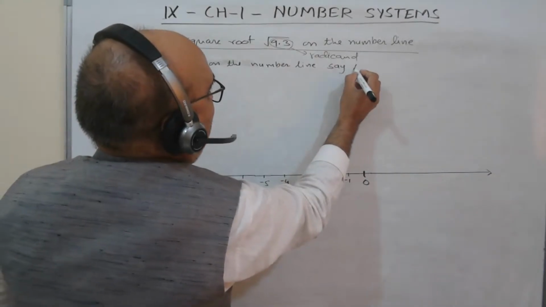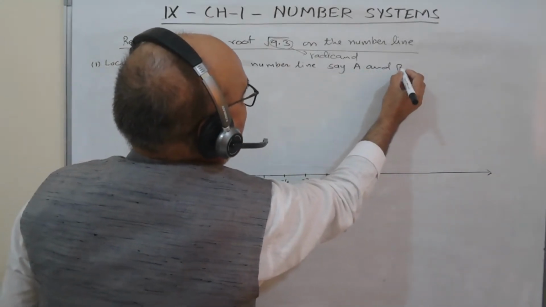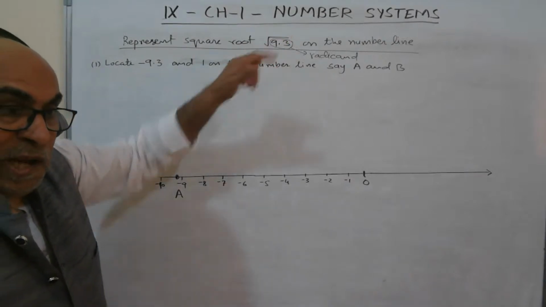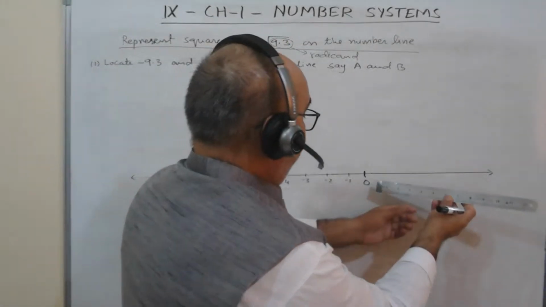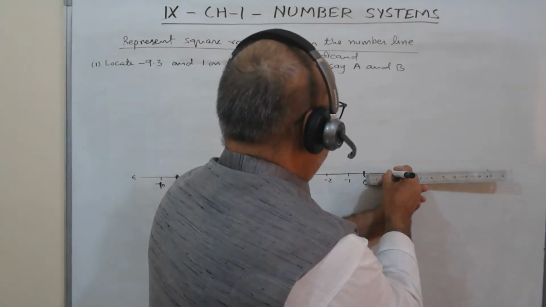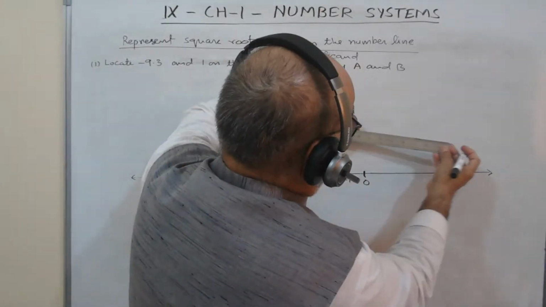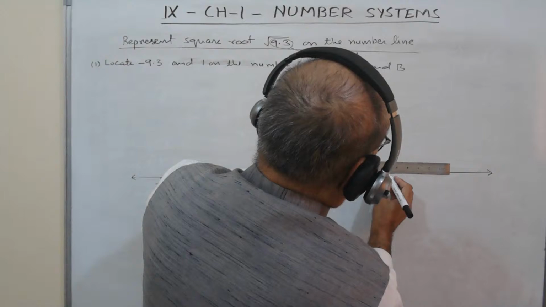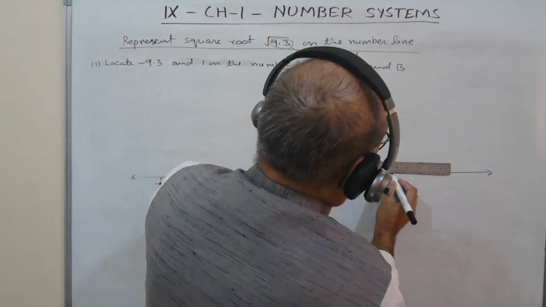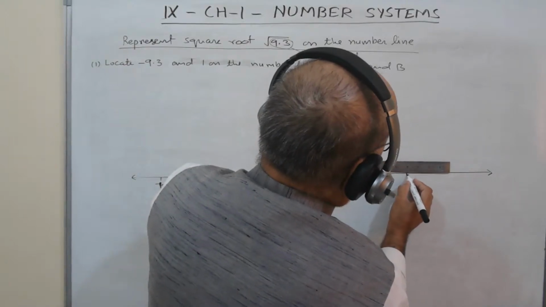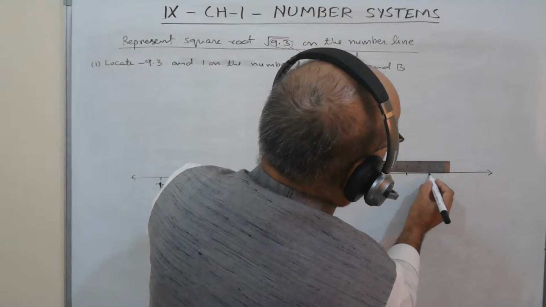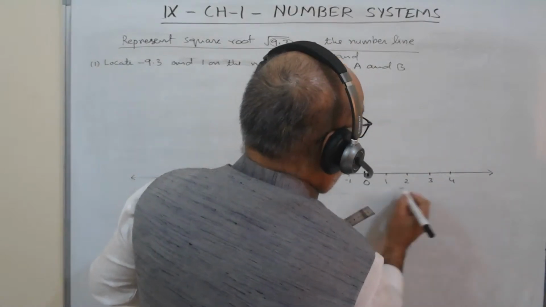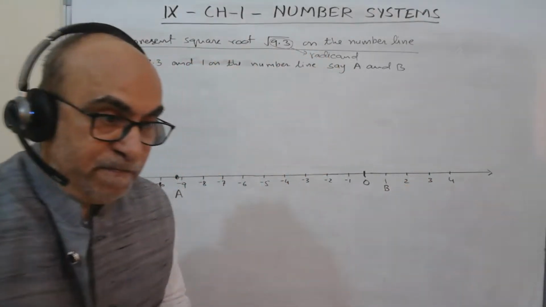Say A and B. So whatever number is here, -9.3, that is A, and 1 is B. One, 2, 3, 4. It is B.